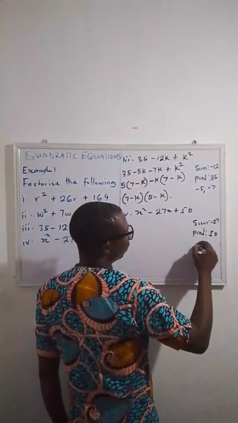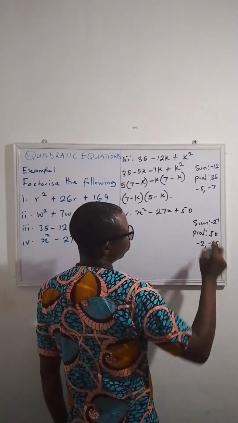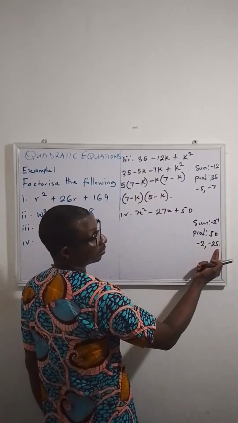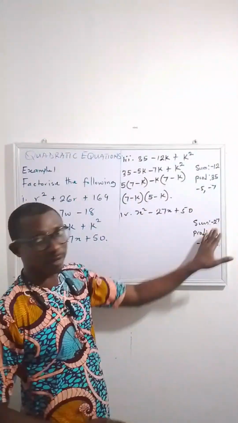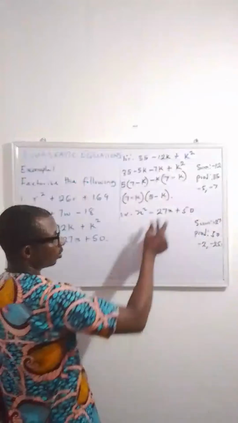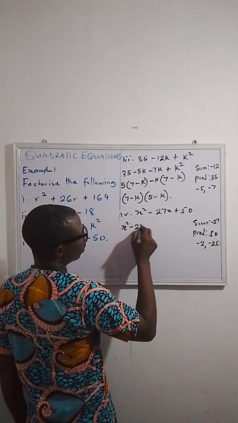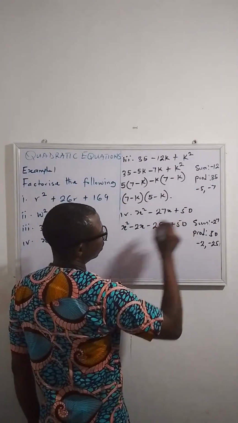The two numbers should be negative 2 and negative 25. Because when you multiply negative 2 times negative 25, you have positive 50. And when you add this and this, you have negative 27. So let's incorporate that here. So we have x squared negative 2x negative 25x plus 50.